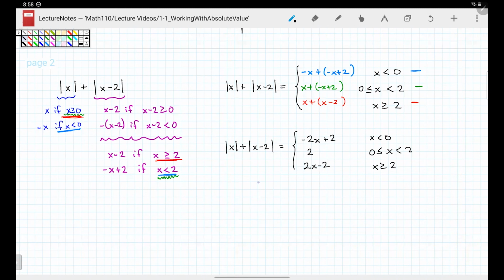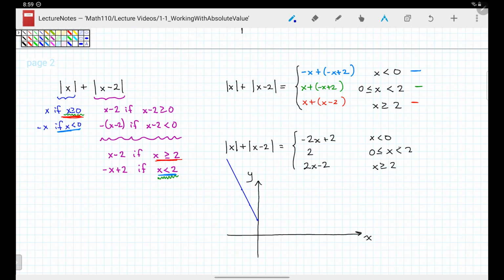And so if we graph this, this should be all positive numbers. So if x is less than 0, it's negative 2x plus 2. So it's like this. Okay.